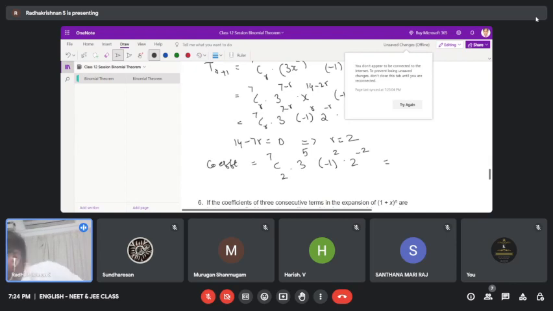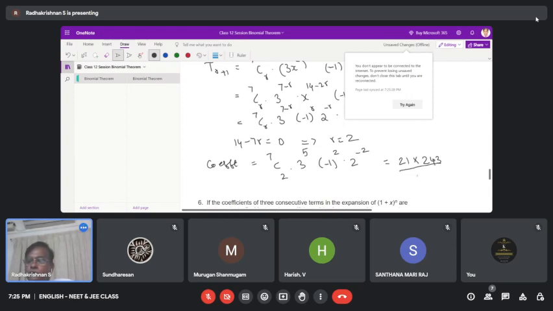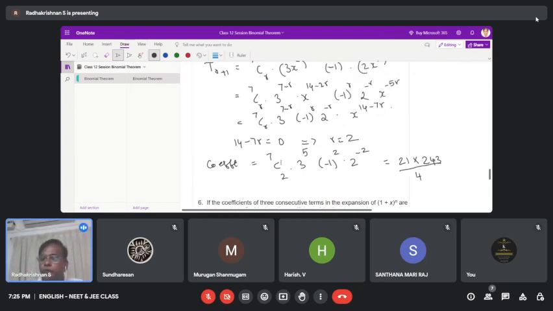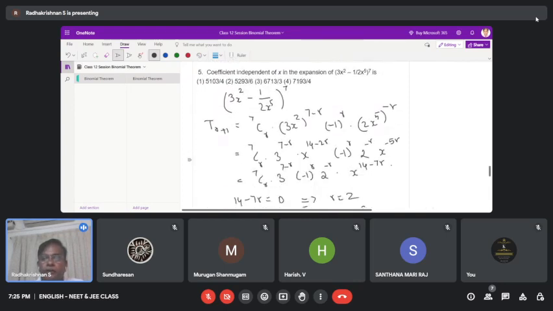So what is 7C2? 21, sir. 21. 3 power 5. Minus 1 square is plus 1. So 2 power minus 2, 1 by 2 power 2. So you're getting some fraction, which tallies because the answers are all in fractions.